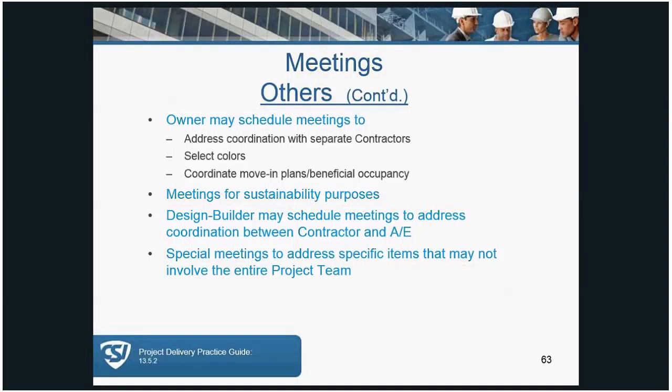The owner may schedule a meeting to address coordination of their subcontractors, the furniture move-in, or selecting colors. The design-builder may have meetings to address coordination between the contractor and the AE. So it just depends on the contract delivery process or method that you're using. Next.